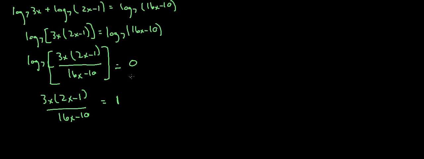Almost made a mistake. Because 7 to the 0 is 1. And now I simplify this, multiply this over to the other side, and multiply this out. So if I do both of those things at once, I'm going to be left with 6x squared minus 3x is equal to 16x minus 10. Now I bring these back over to the other side, and this will give me 6x squared minus 19x plus 10 is equal to 0.